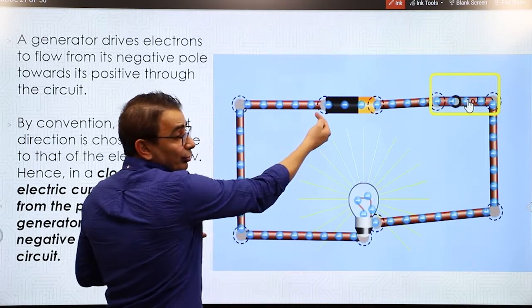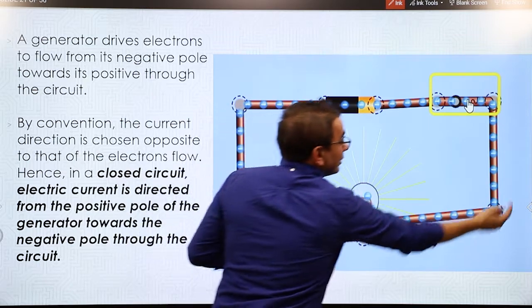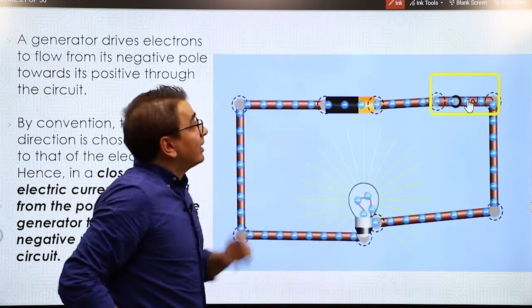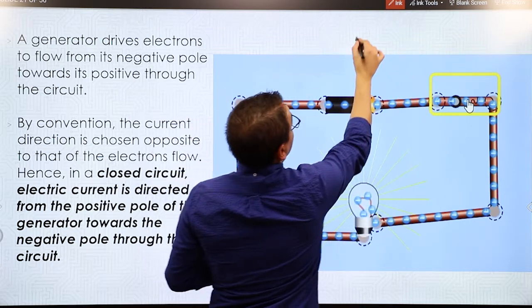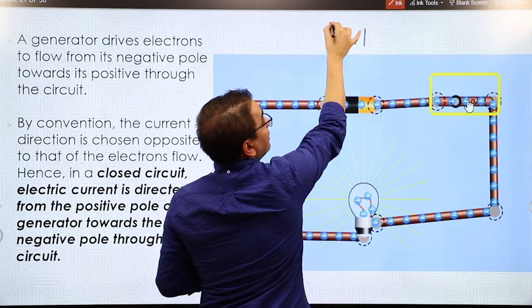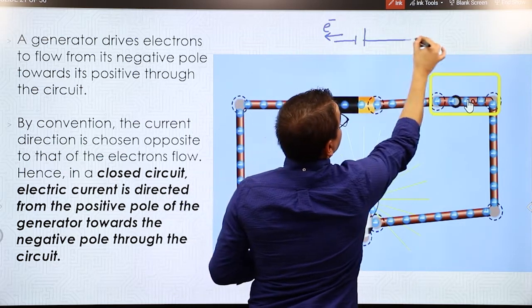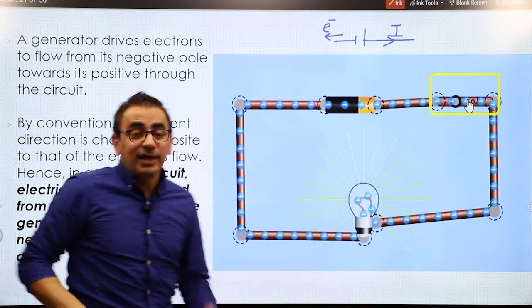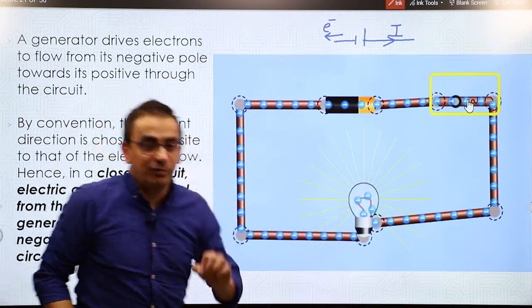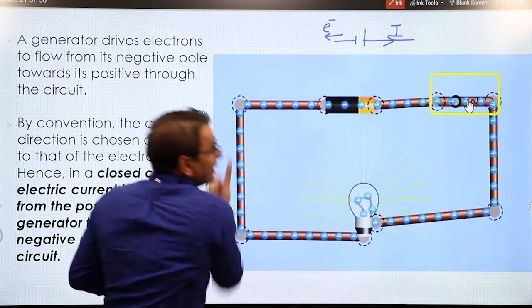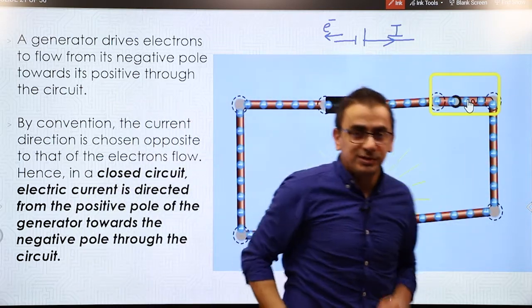So electrons flow from minus to plus and continue plus to minus inside the battery, while current, okay, this is the positive, this is the negative. Electrons are moving like this, while electric current is like this. So keep that in mind. Electric current is always opposite to the flow of electrons. Electric current flows from positive to negative, but through the lamp or through the circuit.